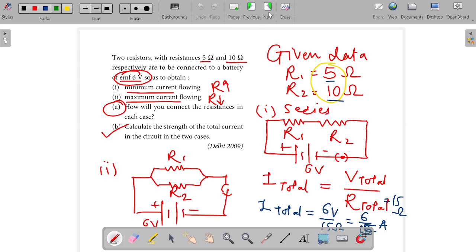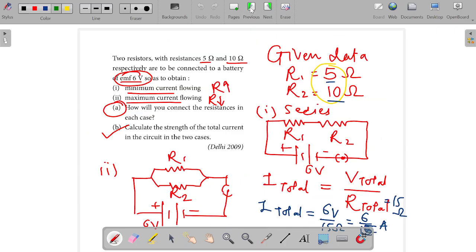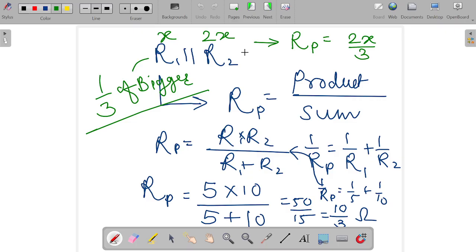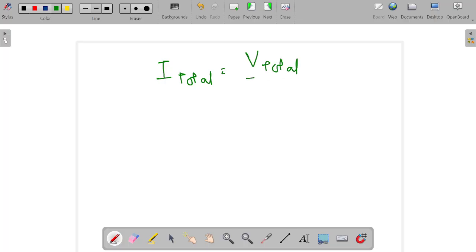So by applying this method, we got the value of the total resistor as 10 by 3. So we have to calculate the total current here. So I total will be equal to V total upon R total, which is our effective resistance.